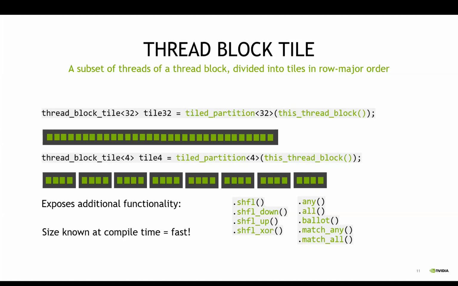And the matching functions could be thought of as a type of warp level reduction built into a single instruction or a single intrinsic. All of these intrinsics, whether it's shuffle or the warp voting functions, are available as built-in functions for what I would call ordinary or non-cooperative groups programming, and you can read about those in the programming guide. But we are now exposing that kind of functionality that operates at the group level.